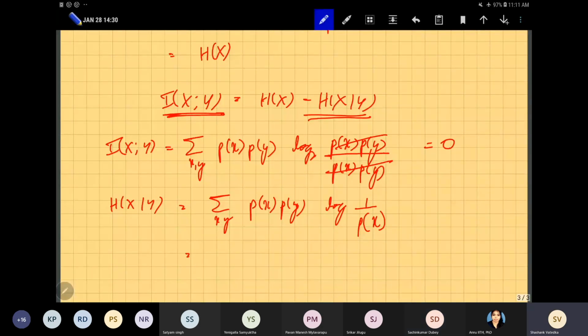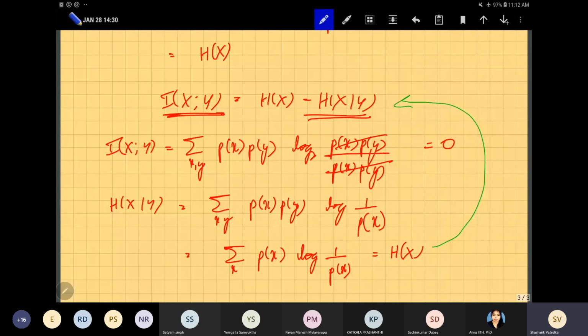So this is simply the sum over all x. You can just take y out and marginalize over this. You get P of x log 1 over P of x, which is equal to the entropy, right? So putting it back into this, again, you get that the mutual information is 0.